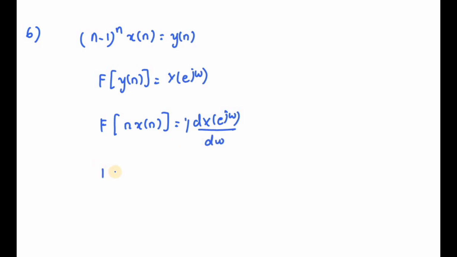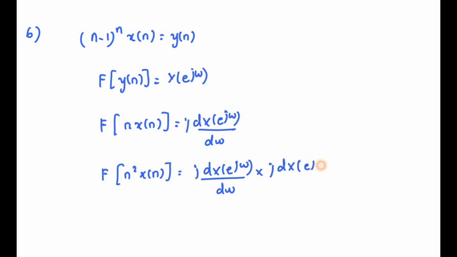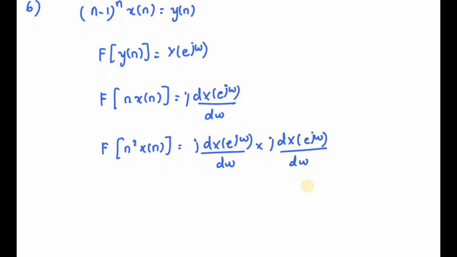So what is the Fourier transform of n square x of n? It is j into d of X of e power j omega by d omega, into j into d of X of e power j omega by d omega, right? So that is equal to minus d square X of e power j omega by d omega square.